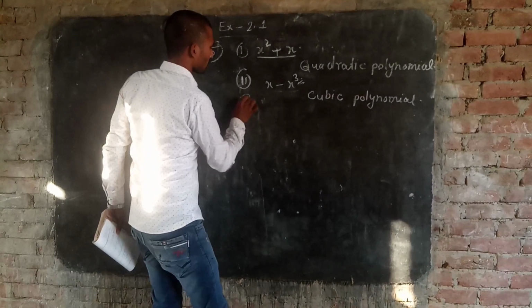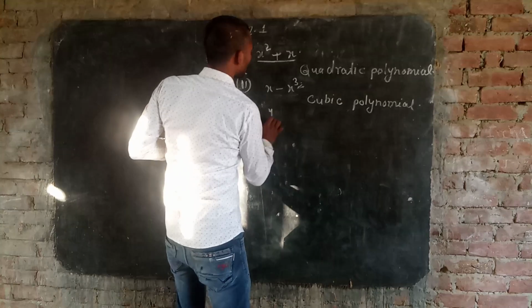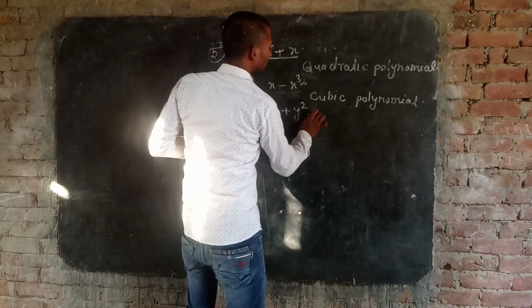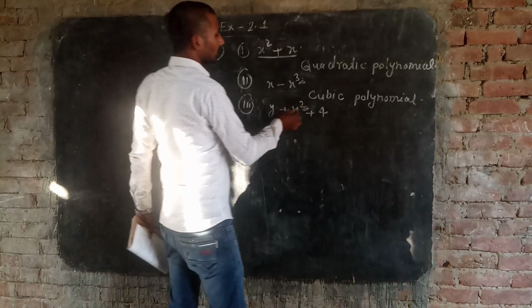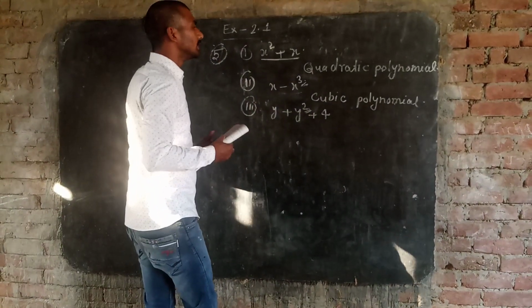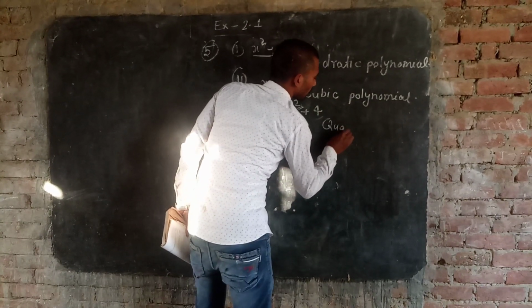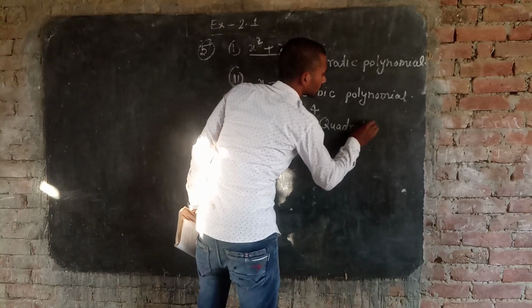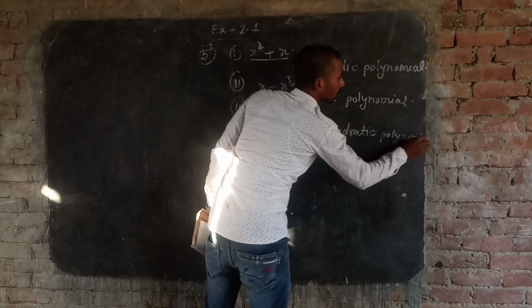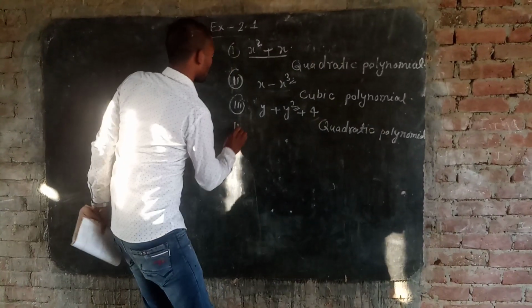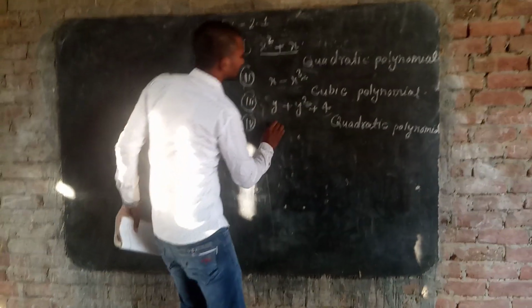Third, y plus y square plus 4. Here the highest power is 2, so this polynomial is a quadratic polynomial. Question number 4, 1 plus x.